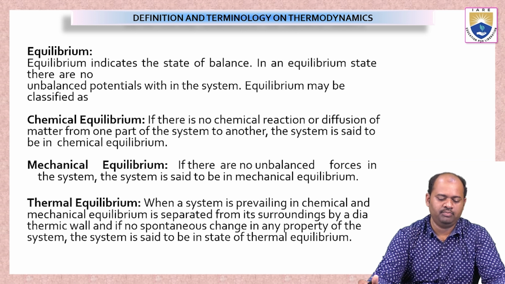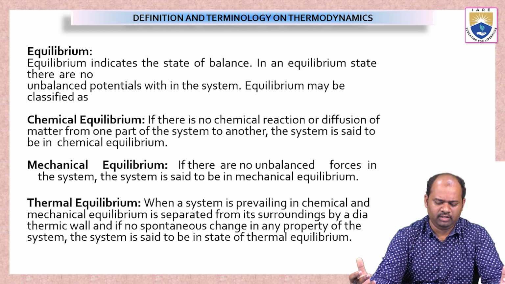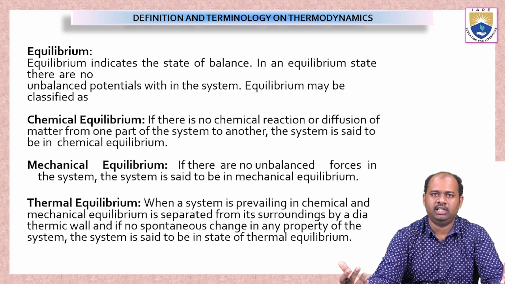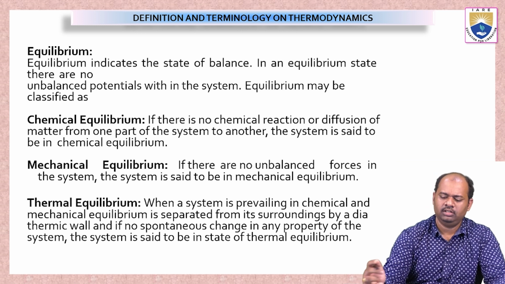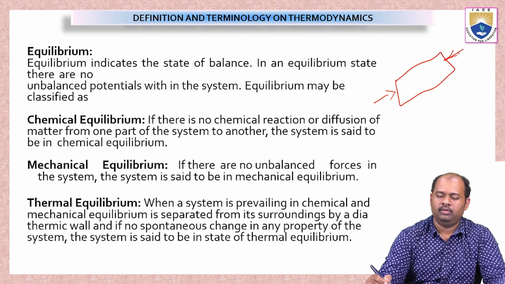And then the second one is mechanical equilibrium. If there are no unbalanced forces, then the system is said to be in mechanical equilibrium. Suppose I have taken a system where I have applied some 10 kgs of load, and in the opposite direction I am applying the same kind of load.